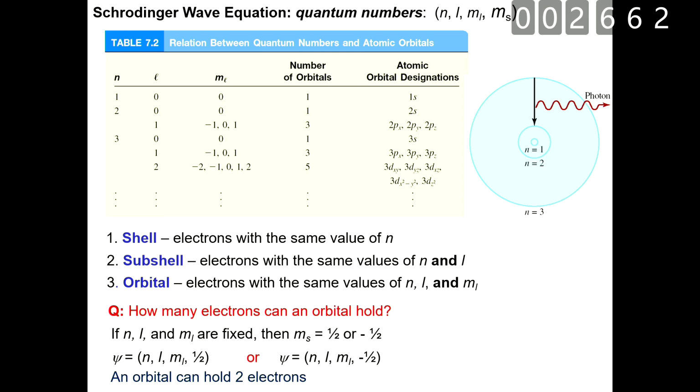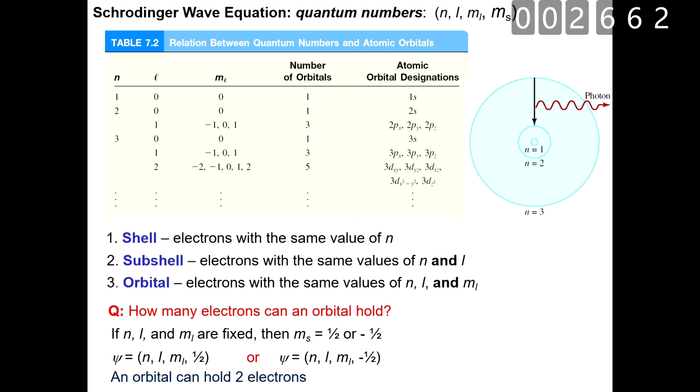Yeah, but for each shell it has more than 1 orbital, and for each orbital it has 2. So for one shell it may be 18 or so. As the number of shells goes up, the number of orbitals also increases, because when the n increases, the number of orbitals also increases. So they can hold more electrons.